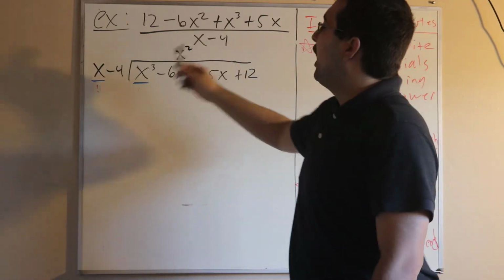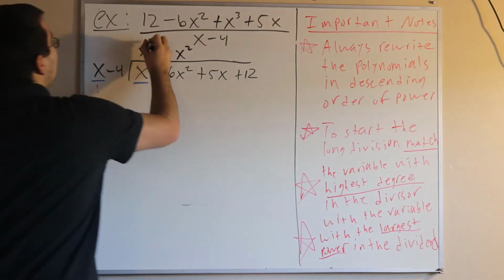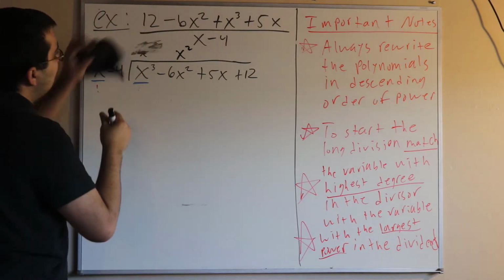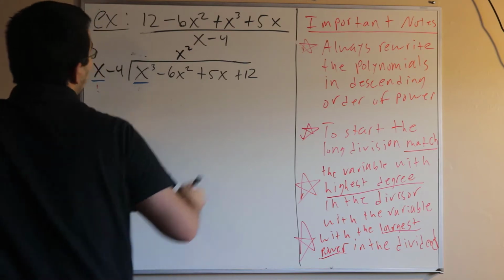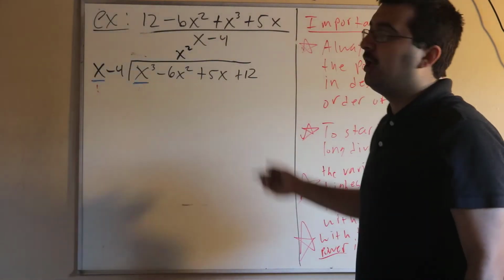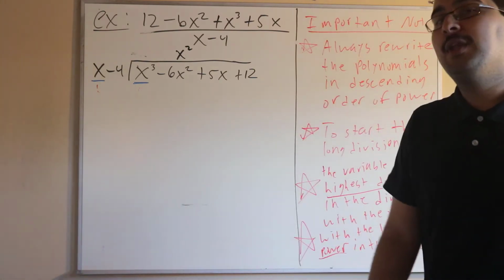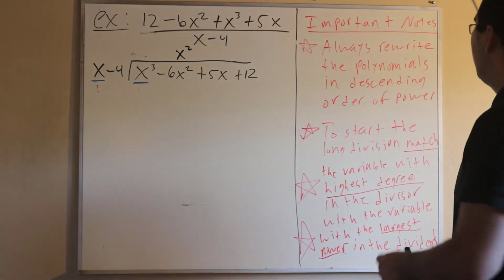In other words, I wouldn't write the x squared right here, because that would be lining it up with the x cubed. And I wouldn't write the x squared over here because that'd be lining up with the 12. I'm going to write the x squared right here because that's where it's going to line up with the x squared in the dividend. So that's actually a pretty important note.